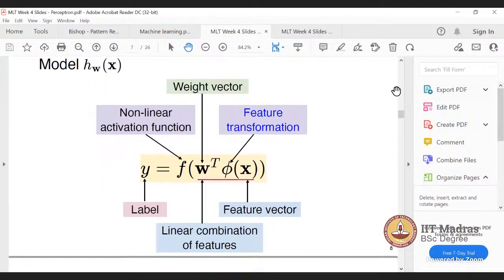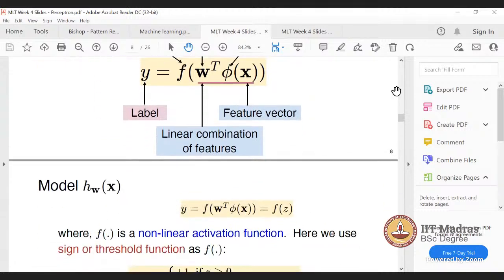This is how your model looks like. Phi denotes the feature transformation, that is the polynomial transformation phi of x, and w is the weight vector. We take the linear combination of those transformed features, and then we apply the nonlinear activation function to that.